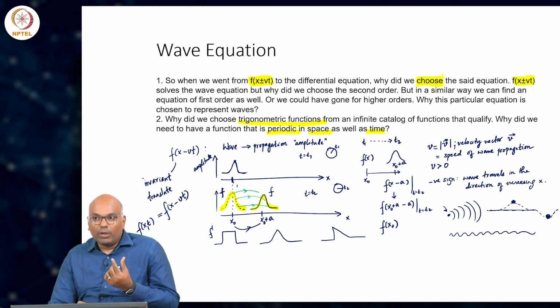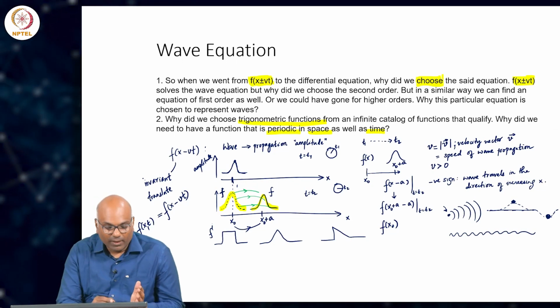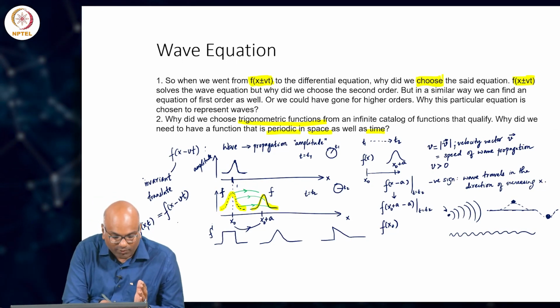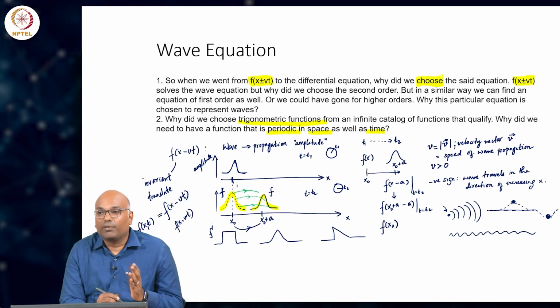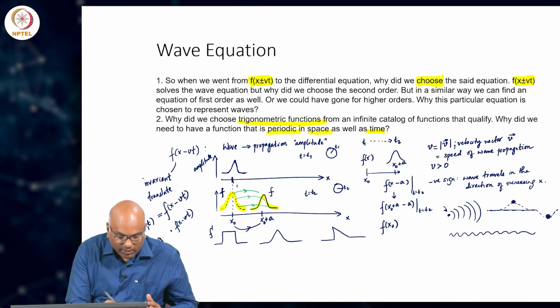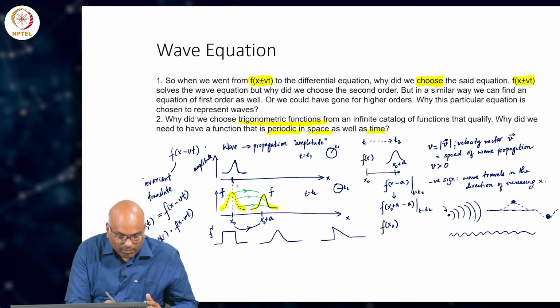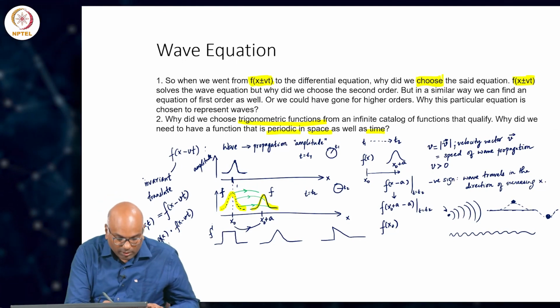But we have gone beyond this in this course. All we have said is the following: look, a part of your complete description should be an f of x minus v t. You are even allowed to multiply this with some g of x or h of t.